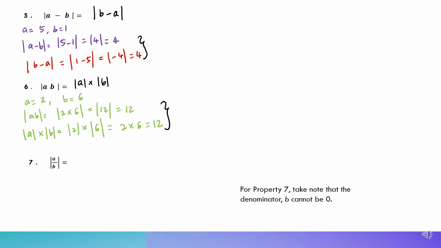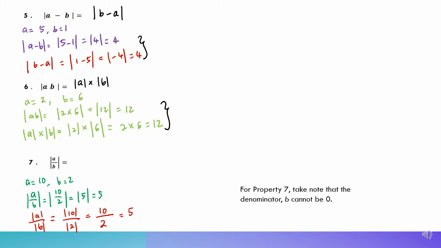Now the last property, let's say I have A equals 10 and B is equal to 2. So this time I have modulus A over B equal to modulus of 10 over 2. Solve what is inside, it will give me modulus 5, which is 5. How about modulus A over modulus B? Modulus A is modulus 10, modulus B is modulus 2, so modulus 10 is 10, modulus 2 is 2, so the final answer I still get 5.